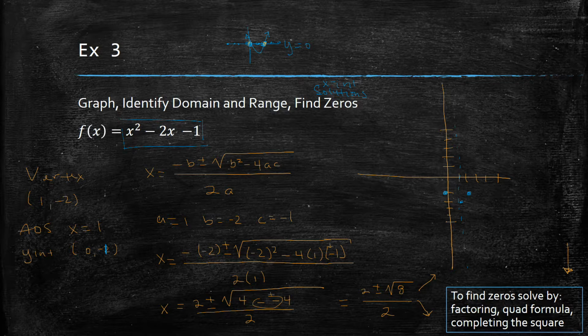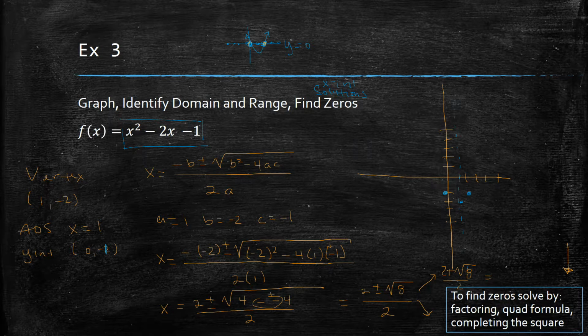What I would do is just plug this into your calculator so that you get a decimal, so that you know where it goes on the x-axis, because even if you simplify that radical, it's going to be difficult for you. So just plug it in. We have 2 plus the square root of 8 over 2. I'm just going to plug that into the calculator.